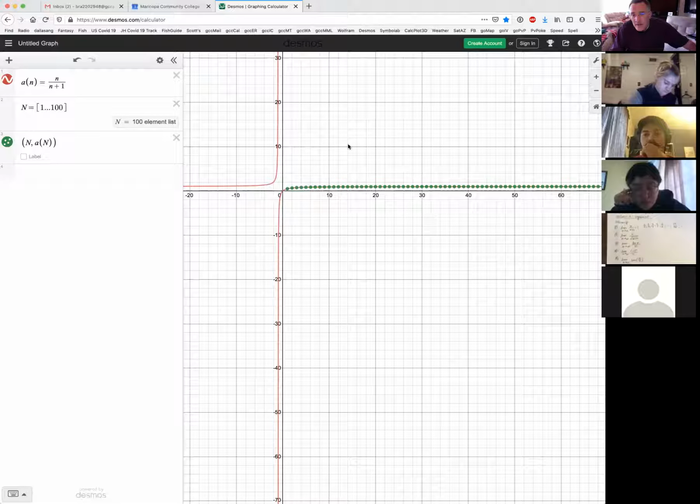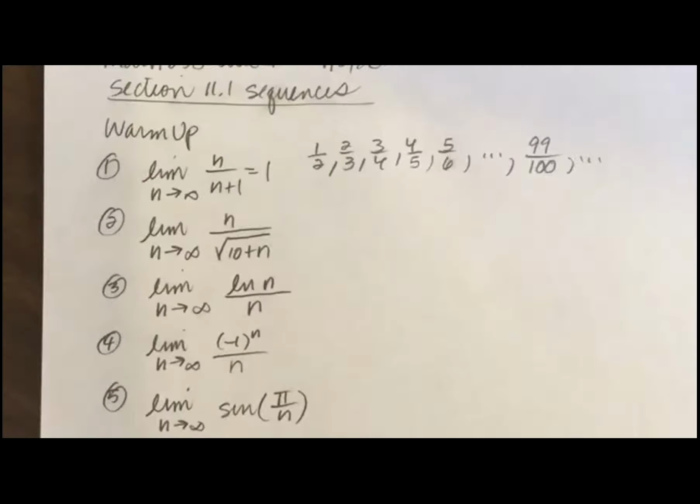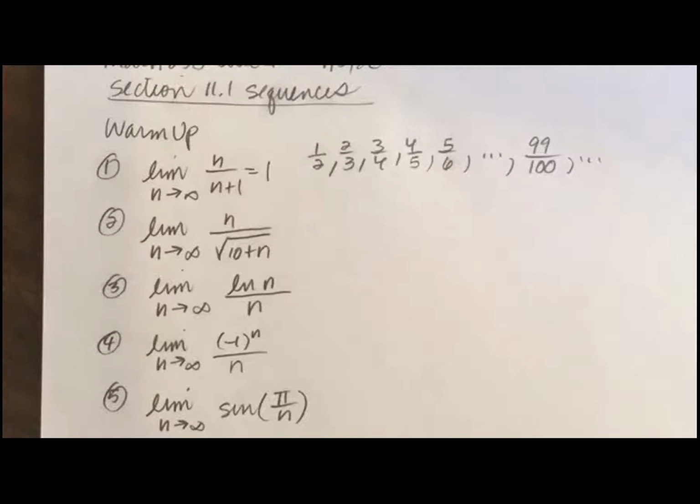It doesn't look like it's going up without bound. It looks like it's got some limiting value, and it looks to me like that's getting closer and closer to 1. So you could look at it in Desmos. That's another way that we could guess the limit. And then the question is, how do we prove the limit? That's what we're going to talk about today.